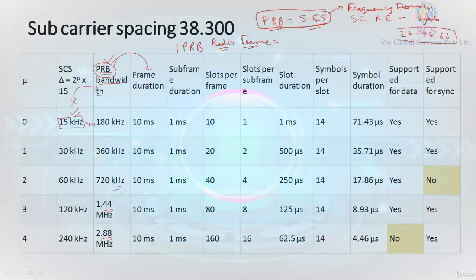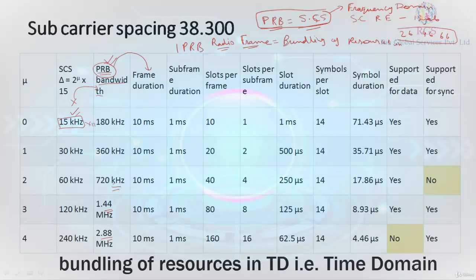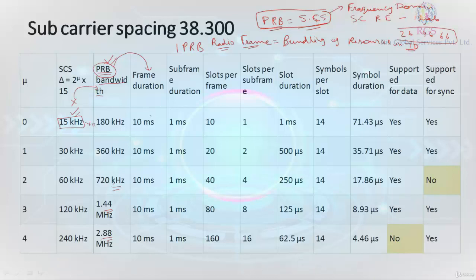In a similar way, the radio frame represents bundling of resources in the time domain. So this is a fixed 10 milliseconds in all cases. This is the same case with LTE also. So this radio frame has come out as the same.